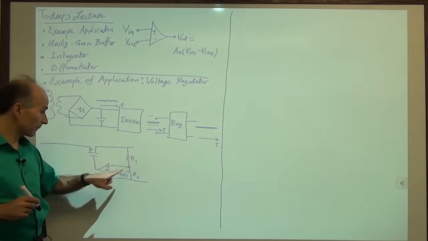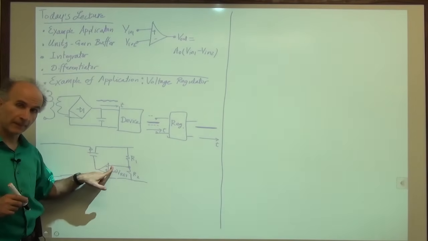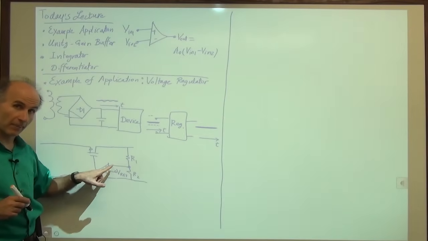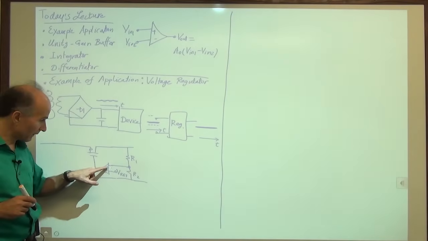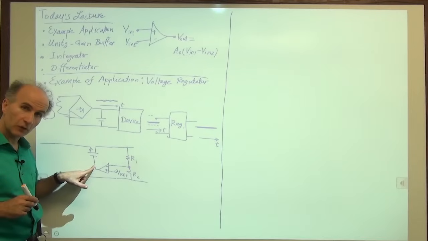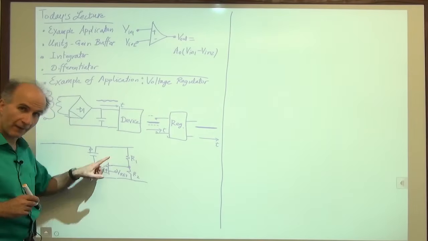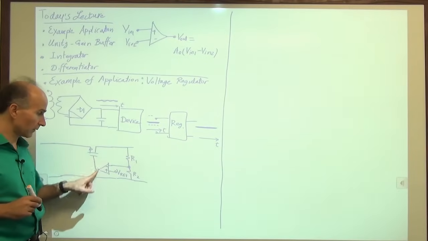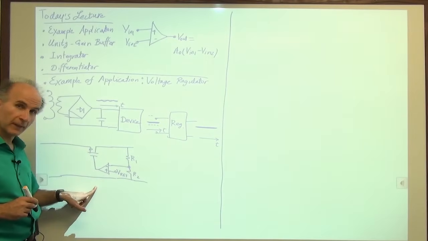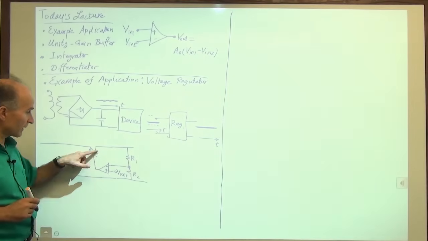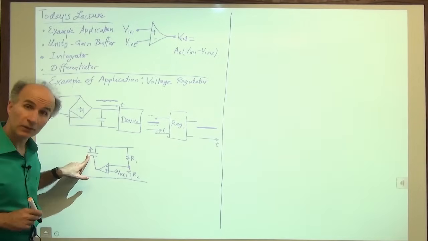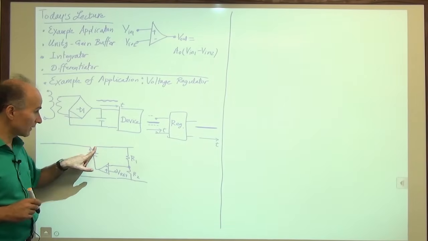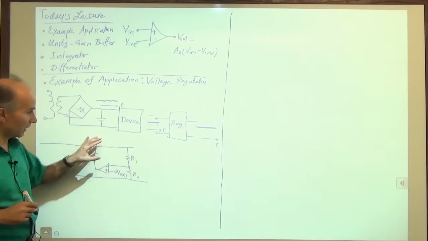If this voltage goes up, this voltage wants to go up. Now, if this voltage wants to go above Vref, because we have a negative sign here, this voltage wants to go down. We have an inverting amplifier from here to here, right? If this goes up, this goes down. So this goes down. If this goes down, the resistance of this NMOS device increases. If the resistance increases, then we have more division between here and here.